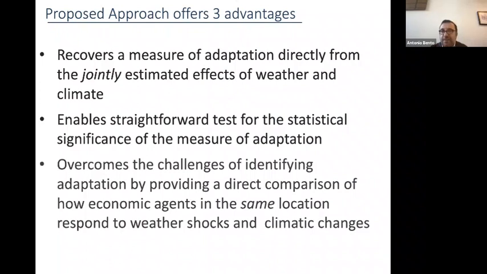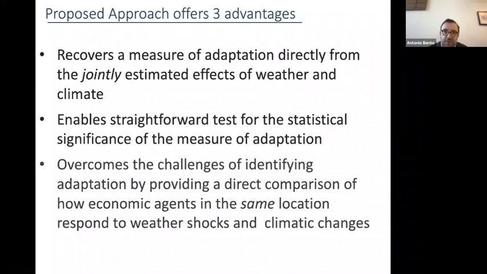But then there is something else that is linked to the traditional Lucas critique, which is, I think, and I hope to convince you, that when you attempt to do this in the proposed unified strategy, you could actually identify adaptation by providing a direct comparison of how economic agents in the same location respond to weather shocks and climatic changes.